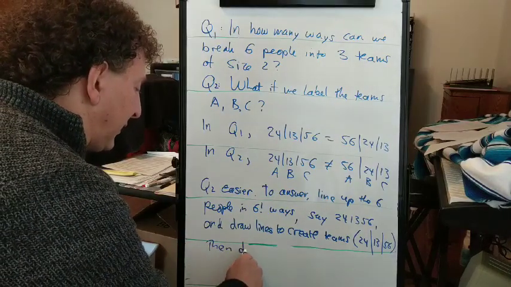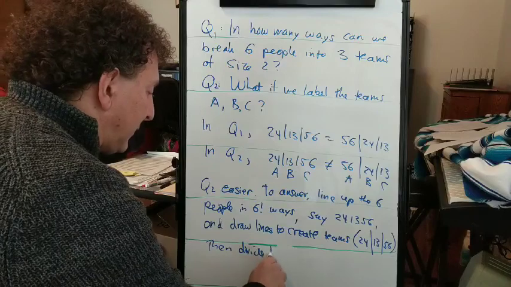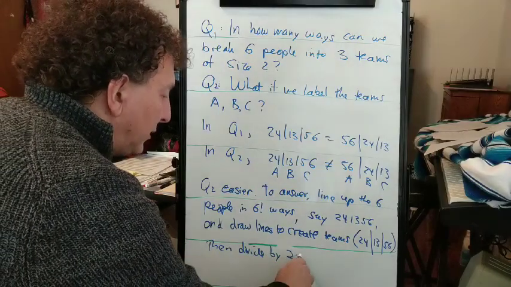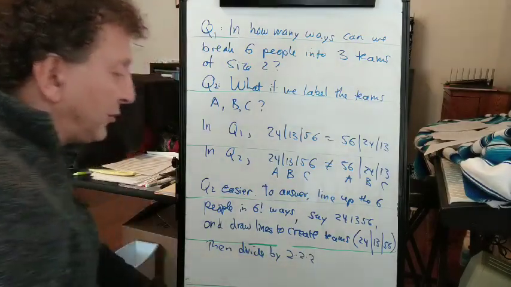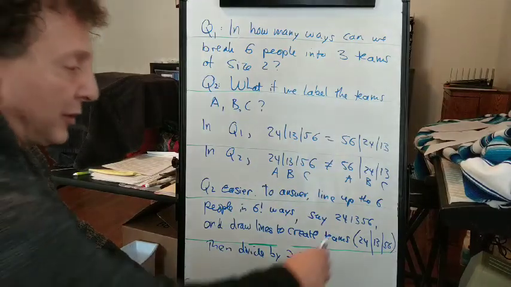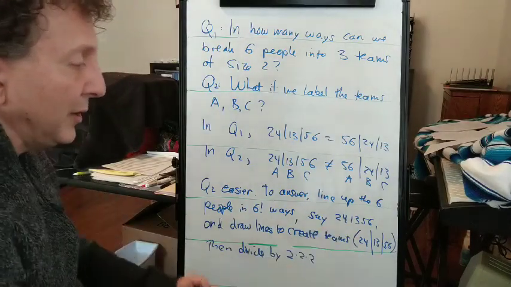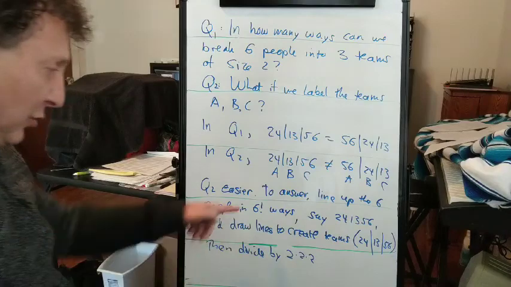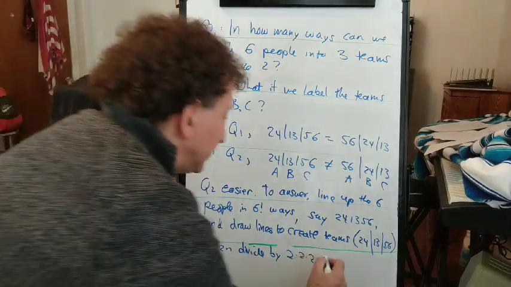So then we divide by 2 times 2 times 2 to correct for the overcounting of 2, 4 and 4, 2 really being different permutations when we say 6 factorial.